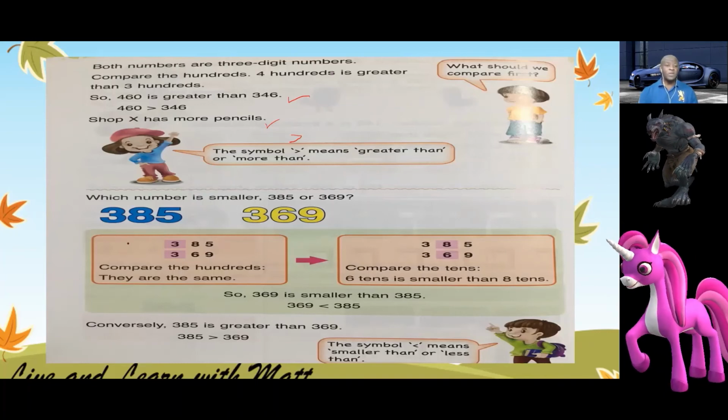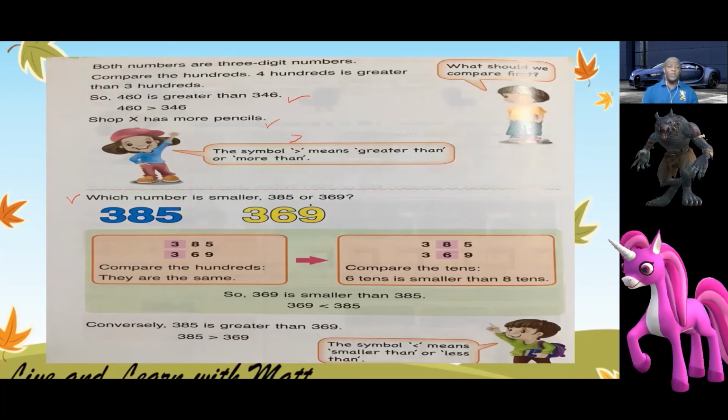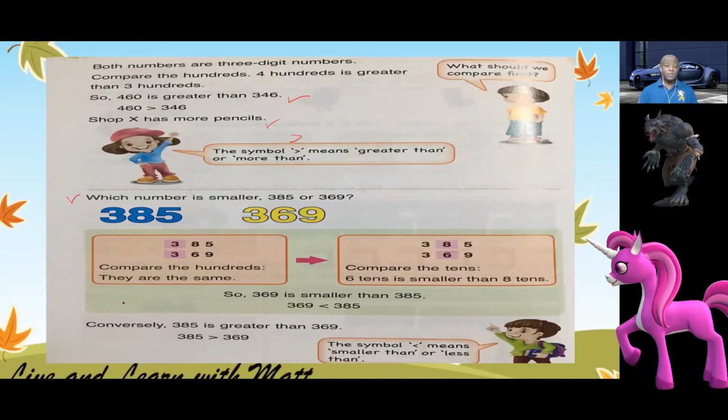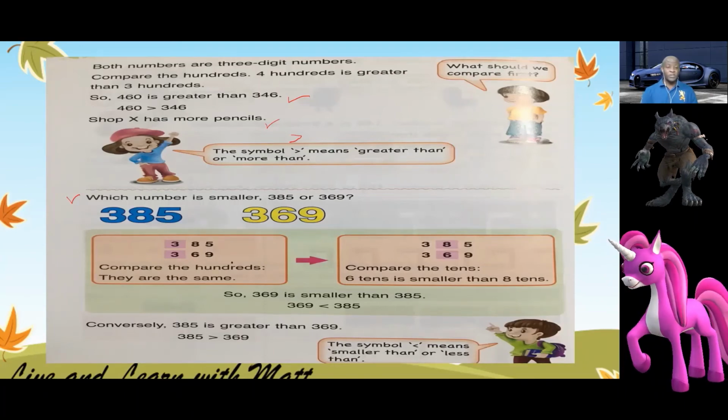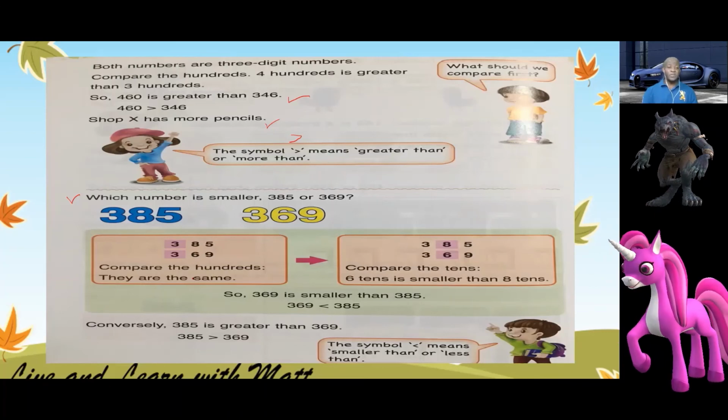Now let's consider the next one. Which number is smaller, 385 or 369? We can see that both numbers have 3 digits. In the 300s, the first one has 8 tens and the second one has 6 tens.